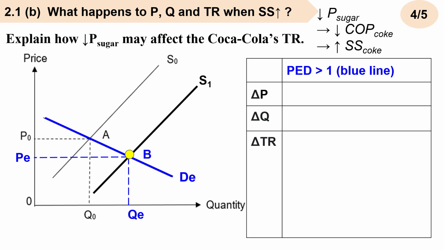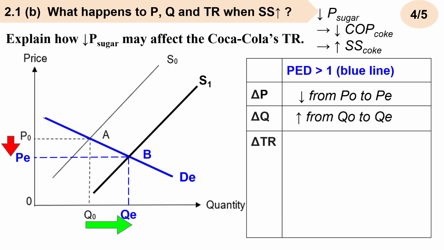What else? Yeah, Red Bull, okay, it is a substitute too. So what happens to price? Price falls this time, it falls from P0 to PE. And quantity increases from Q0 to QE.